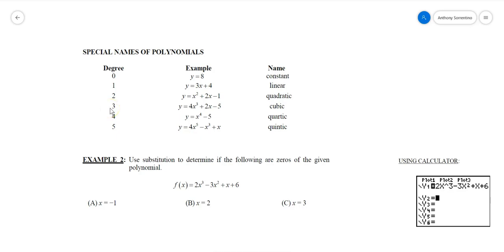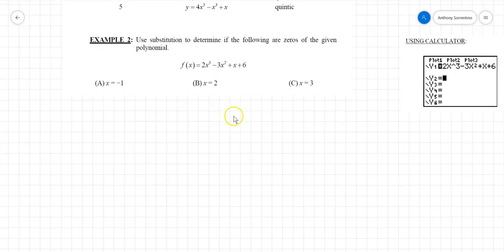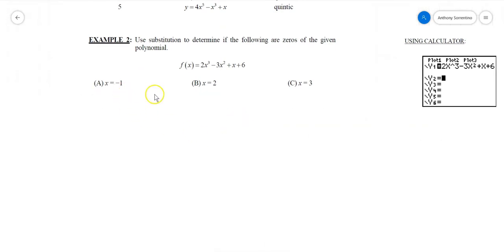We talked about zeros of quadratics before. We want to find the zeros of a polynomial function. It's the same thing. When I asked the question in example 2, are these zeros of the polynomial function, what I'm asked to do is determine if these values of x make f of x equal to 0. So when I'm looking for zeros, don't just think it's the number 0 all the time.